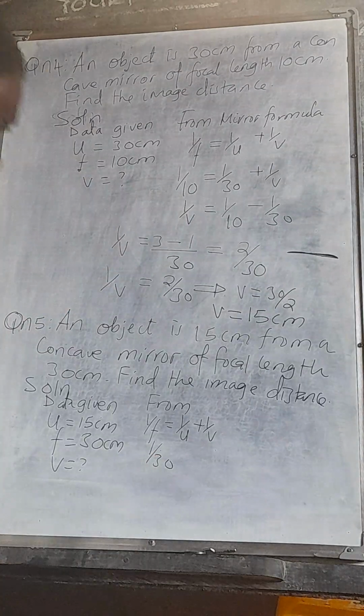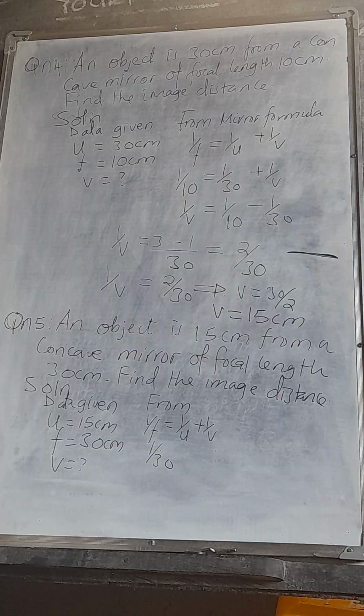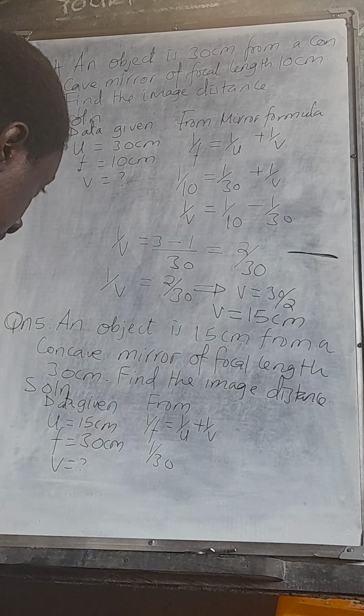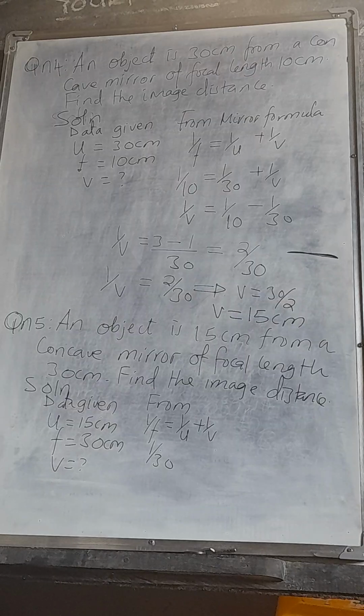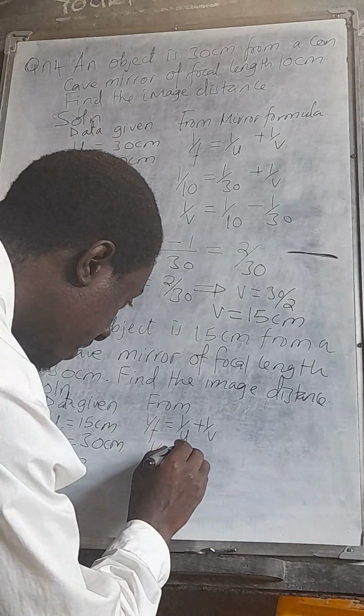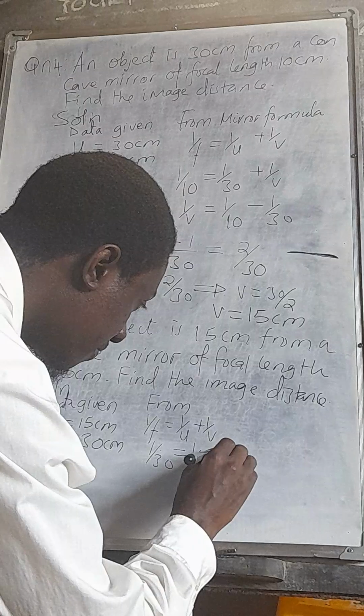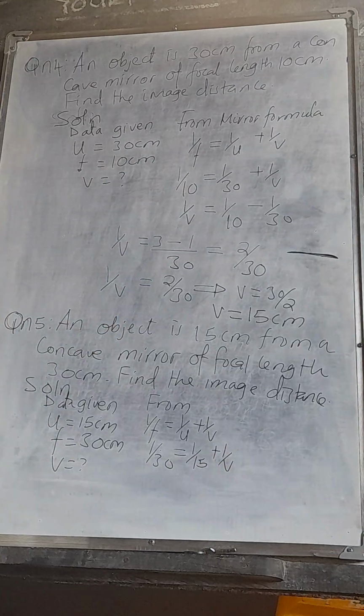So it will be now 1 over 30 is equal to 1 over 15 plus 1 over v.